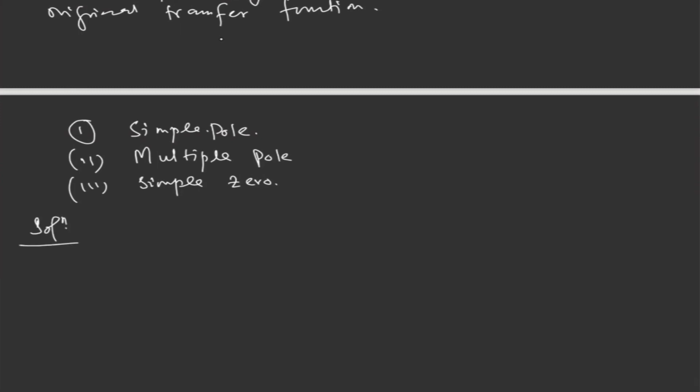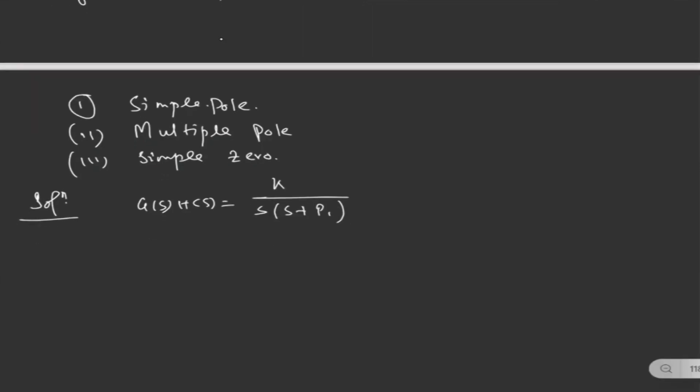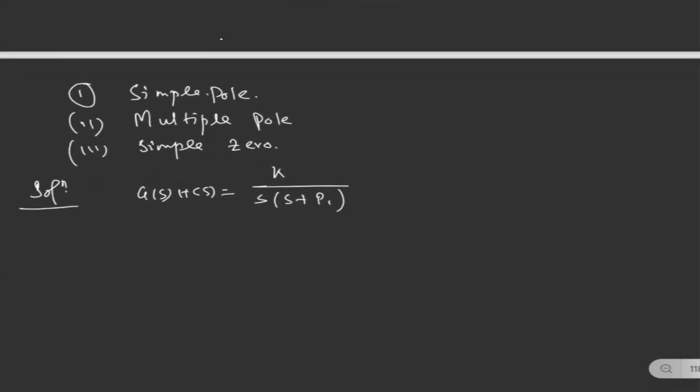If you look at the original transfer function, we have G(s)H(s) equals K upon s into (s plus p1). And if you see these pole locations in our s-plane, we have one pole at s equals 0 and another at s equals minus p1.